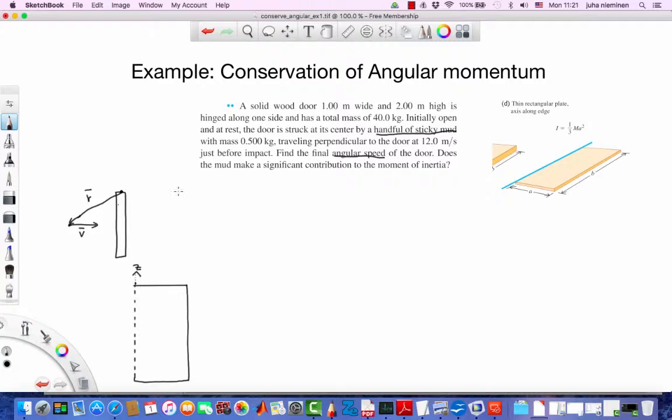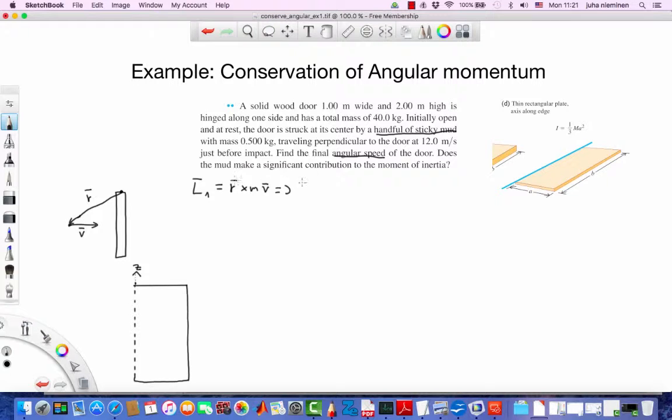We consider it as a particle, so its angular momentum is r crossed with mv. And from here, we are only interested in the magnitude of the angular momentum.